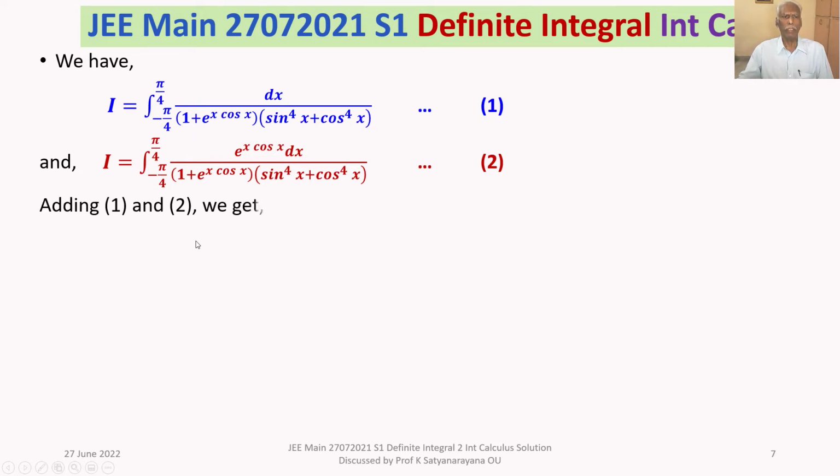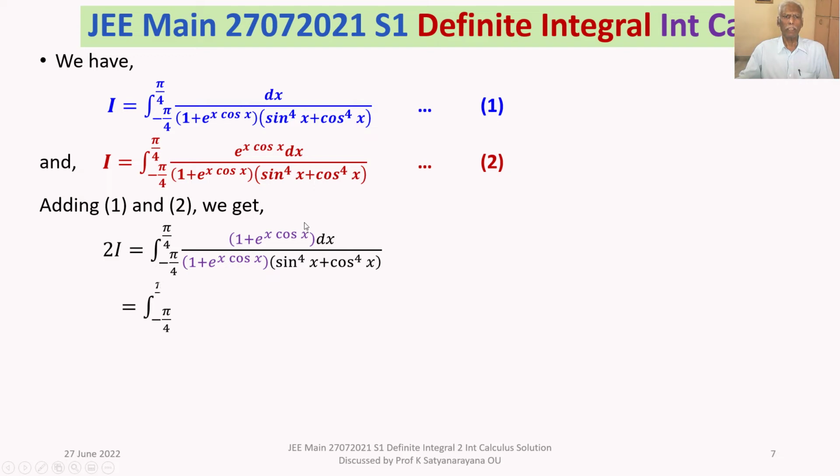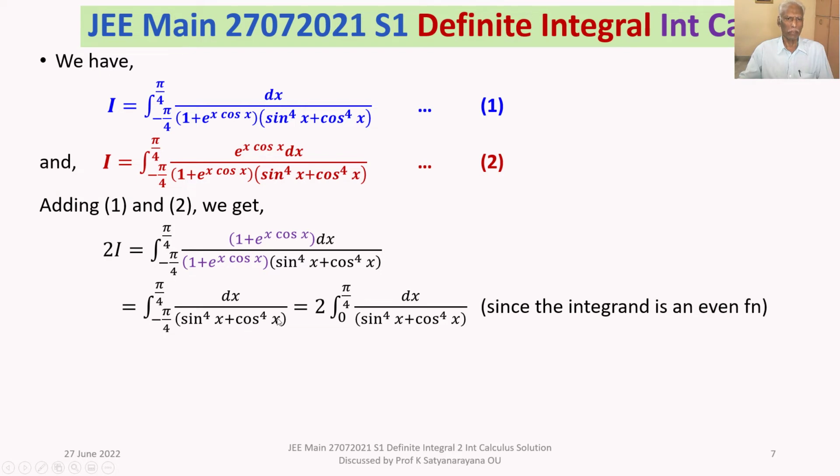That will be 2I equal to the integral from minus pi by 4 to plus pi by 4 of 1 plus e power x cos x, the numerator, by 1 plus e power x cos x, the first factor, multiplied by sin power 4x plus cos power 4x with respect to x, and the common factor is there. Cancel that and you will get the integral from minus pi by 4 to pi by 4 of dx by sin power 4x plus cos power 4x.